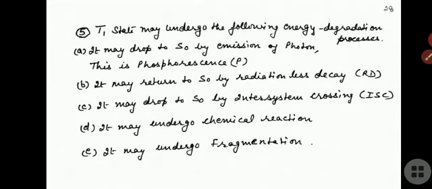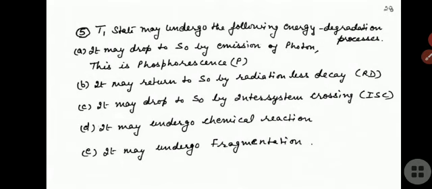Let us now describe probable paths for T1 states. A T1 state may not be converted to S1 again since T1 is of lower energy. However, it may either undergo a chemical reaction or it may return to S0 by radiation-less decay RD.